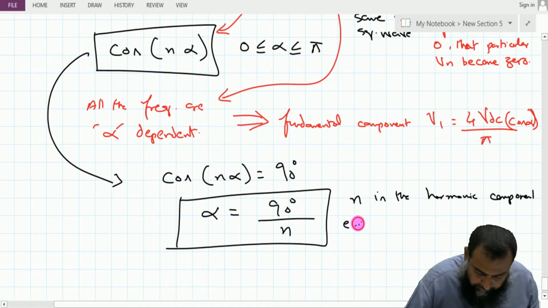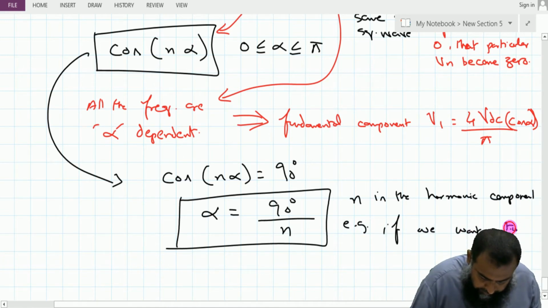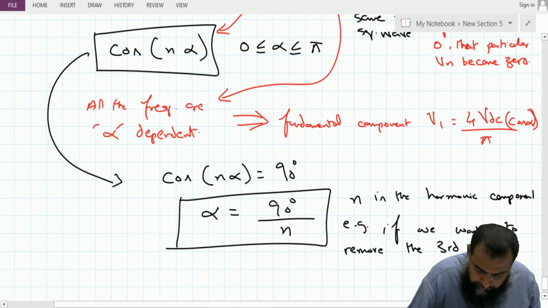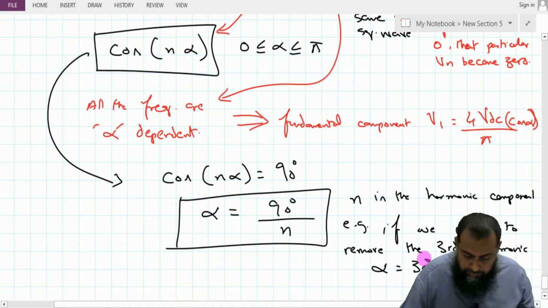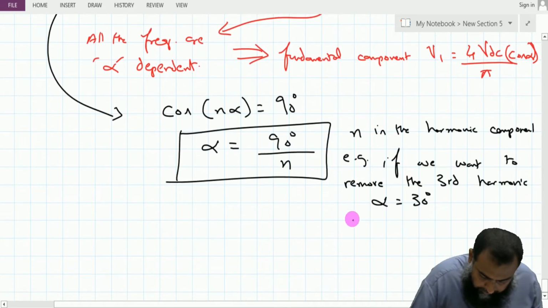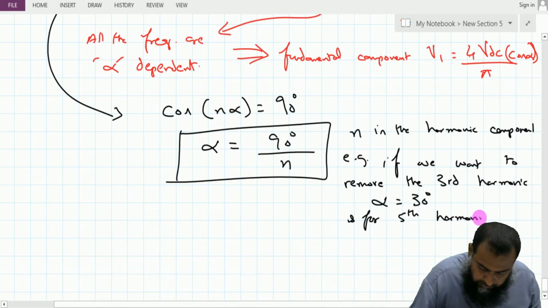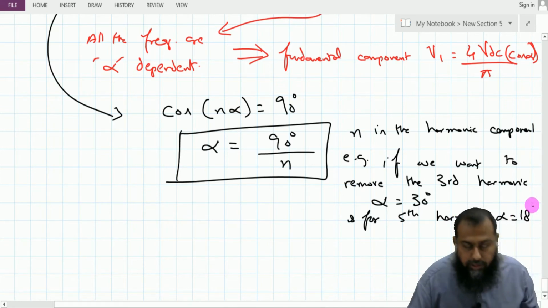For example, if we want to remove the third harmonic from the system, this alpha is equal to 30 degrees, and for the fifth harmonic, this alpha is equal to 18 degrees.